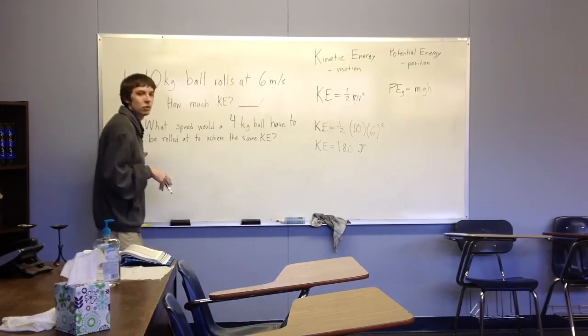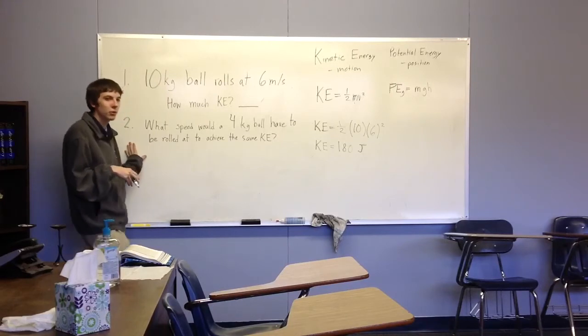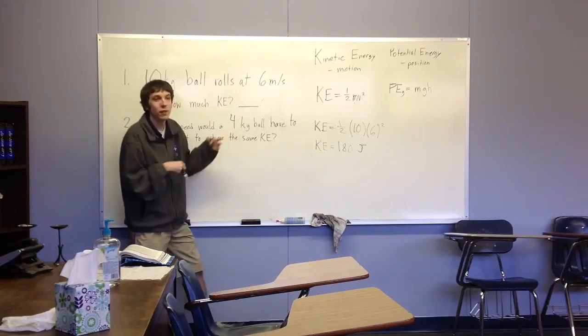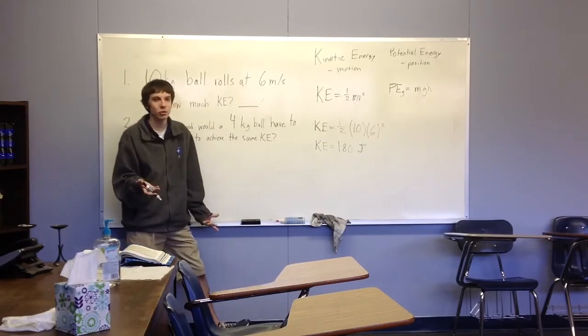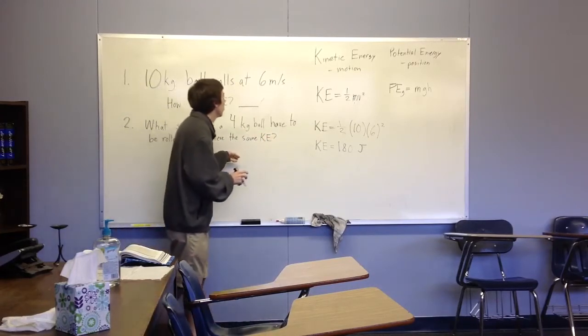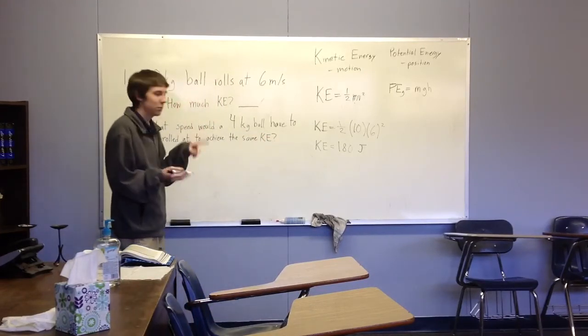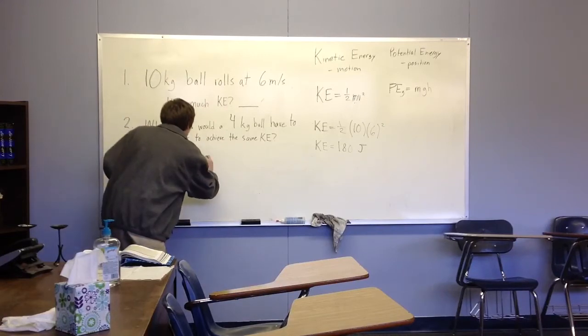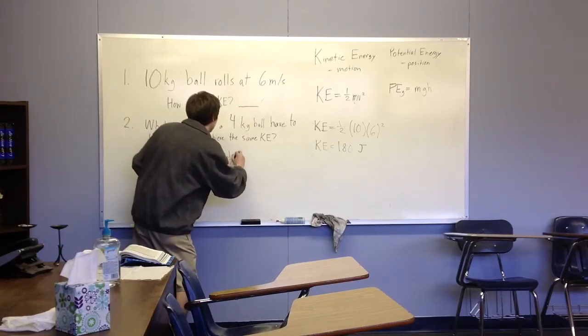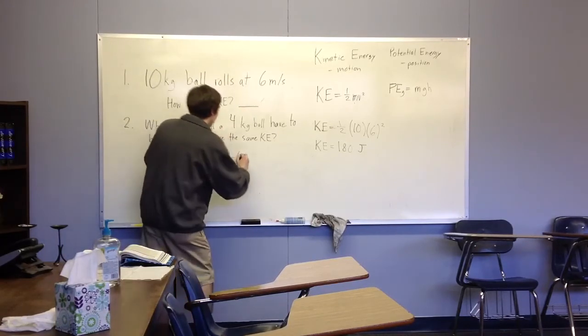Now for the second question. What speed would a 4 kilogram ball have to be rolled at to achieve the same kinetic energy? Well, if it has a different mass, it's going to have to go faster to achieve the same amount of kinetic energy. So let's try this one out. We know the kinetic energy has to be 180 joules. And then it's half times the mass, which we know is 4.